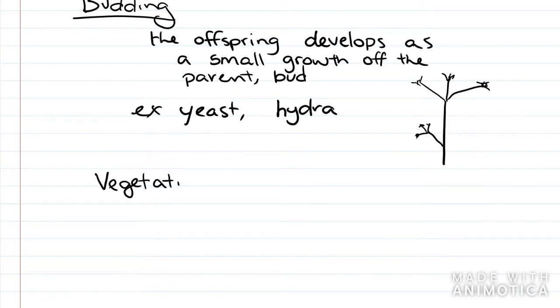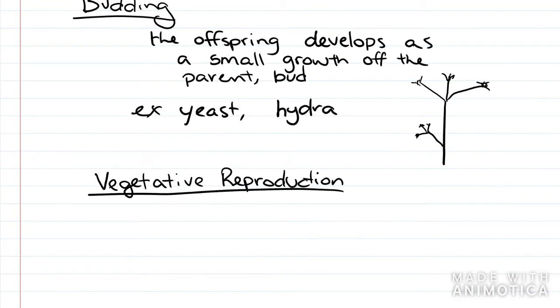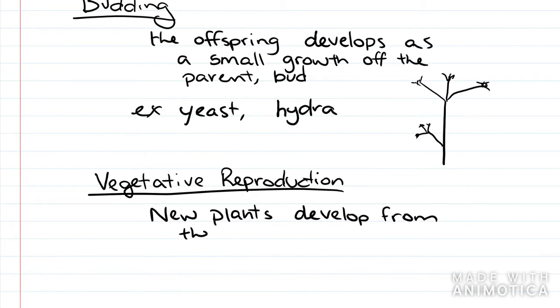reproduction. This is also called vegetative propagation. So this is when plants are able to grow asexually, and new plants are going to develop from the roots, from the stems, or even the leaves of the parent plant.